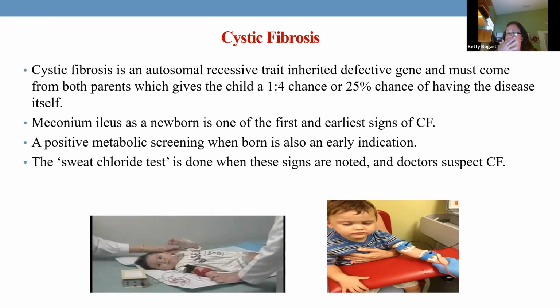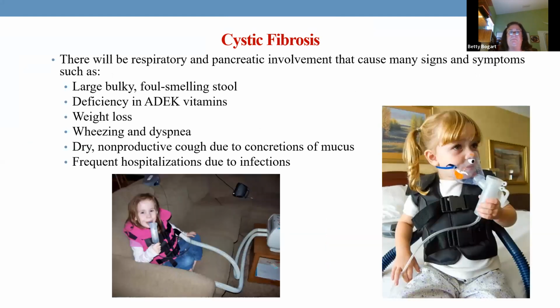This is one of the diseases we're going to go looking for. It could be hypothyroidism. It could be cystic fibrosis. So how do we test this child? Well, it is called a sweat test. So they're constipated. Let's go ahead and test them. We're going to be doing a sweat test, and we are going to do that metabolic screening just to be sure also.